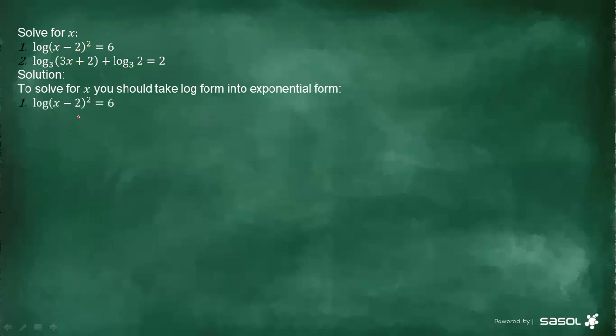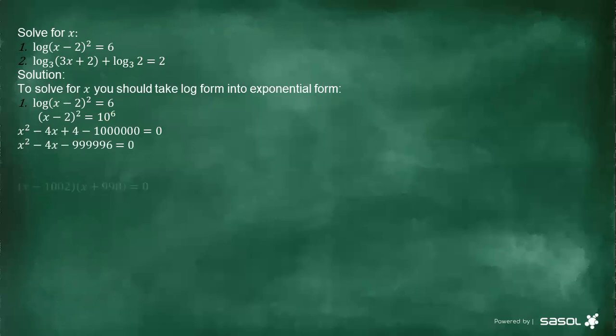Now, this one, let's take it to exponential form. It's going to be this, with 10 as a base to the power 6. Then you open the bracket, bring that side, minus 8, then you factorize this one.